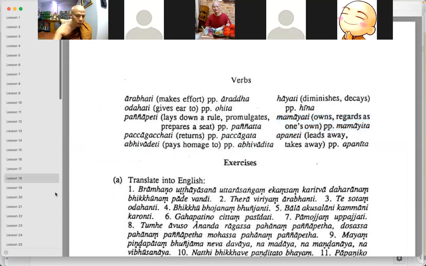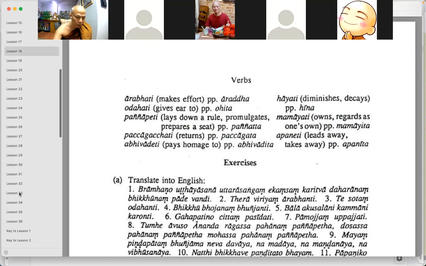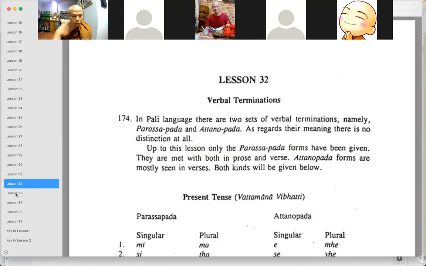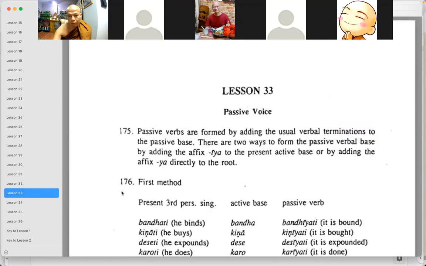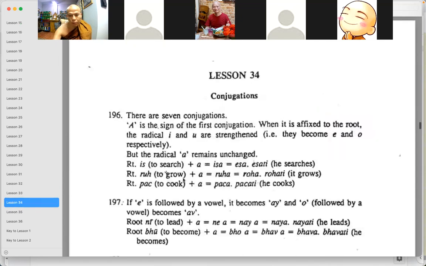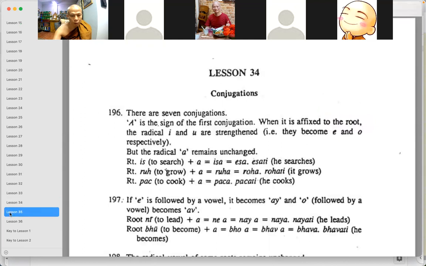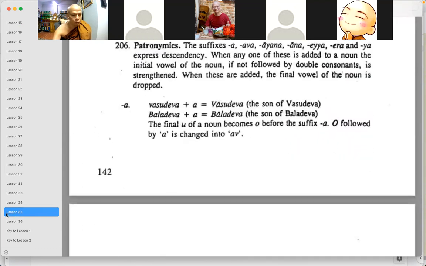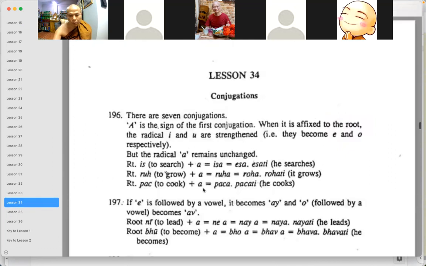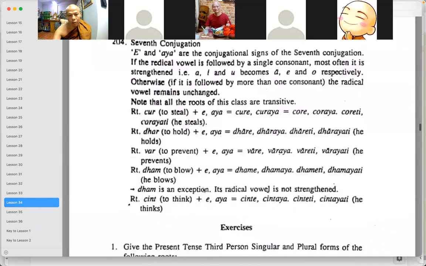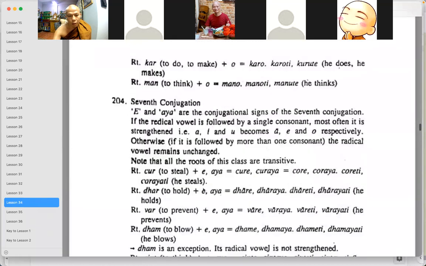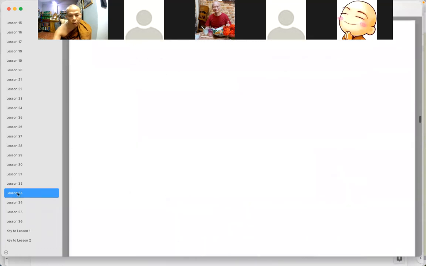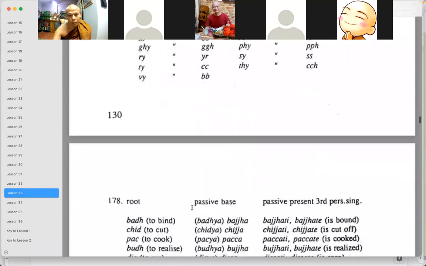About that one, you can see in Pali, maybe lesson 32, or no. In lesson 35, what was there? No, not that one, sorry. Not there. Passive.